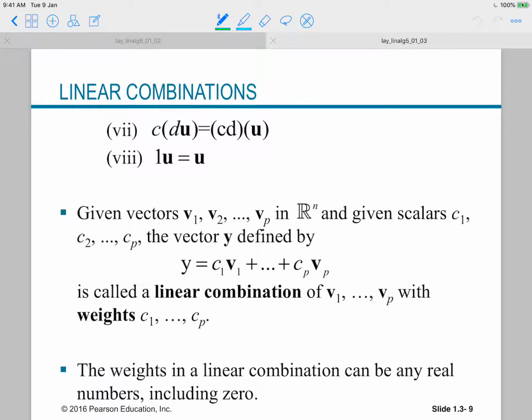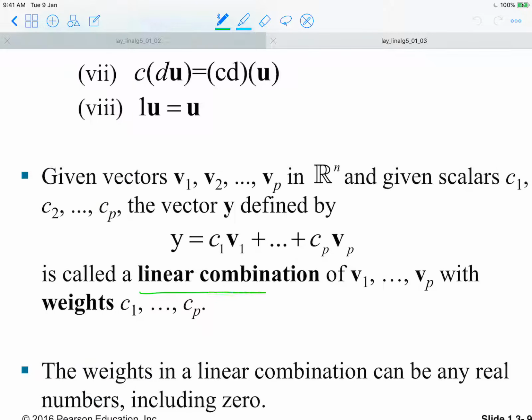And now we study the new notion of linear combination. I think you are somewhat familiar with this notion to some degree. So this is the formal definition of a linear combination. Suppose we are given these ingredients, or our base elements, which are all vectors.